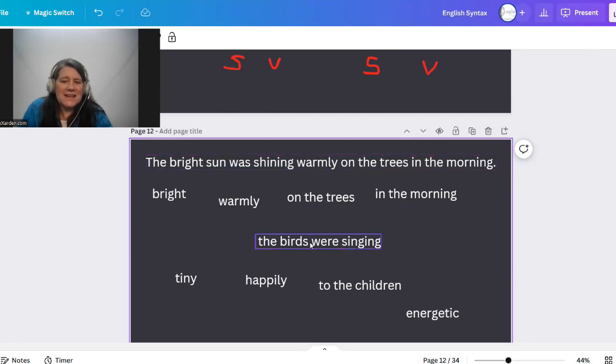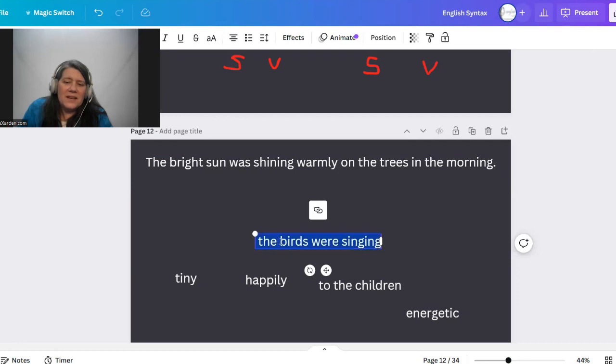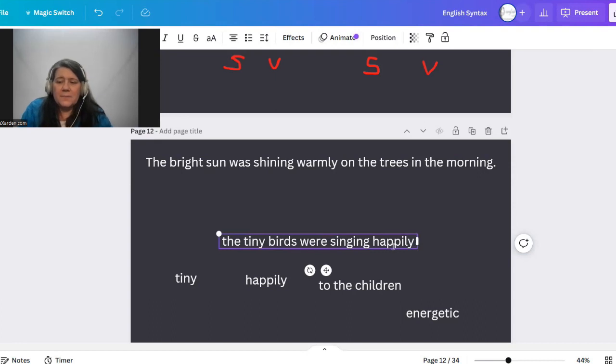Okay, let's do the second. So since we've used all of these, we'll take them away. We'll do the second one. Now we need what kind of birds? The tiny birds were singing. How were they singing? We need the adverb as close to the verb as we can get it. All right. And who were they singing to? Okay.